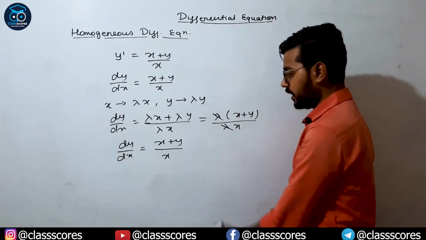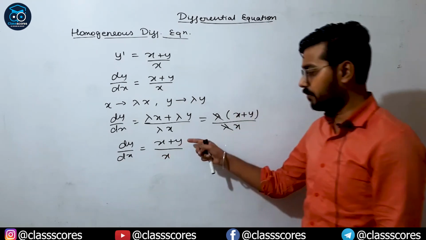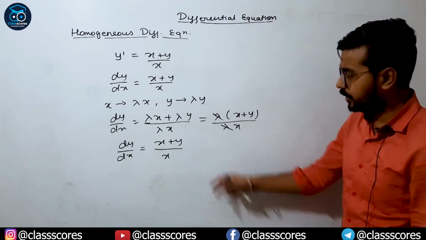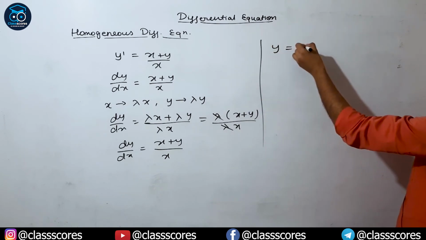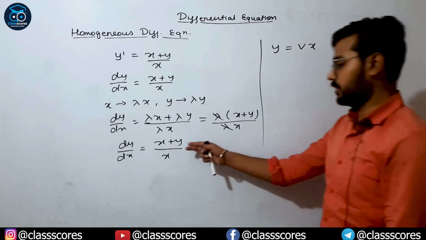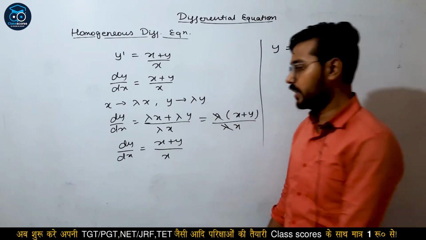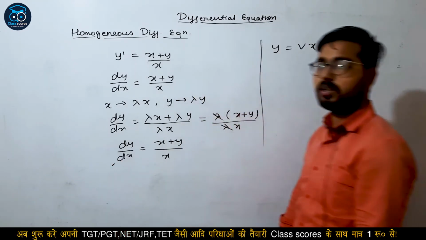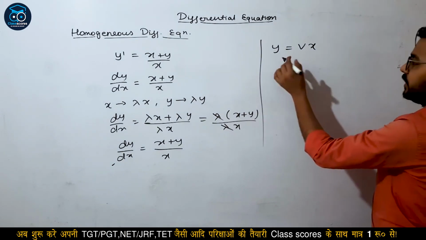Now if the equation is homogeneous and we are not able to separate this function, then we just need to substitute the value of y. We have to replace y in terms of x. So we can write y equals vx. This will be the value of y. If we are substituting the value of y, then we also need to substitute the value of dy upon dx. So just differentiate this equation.